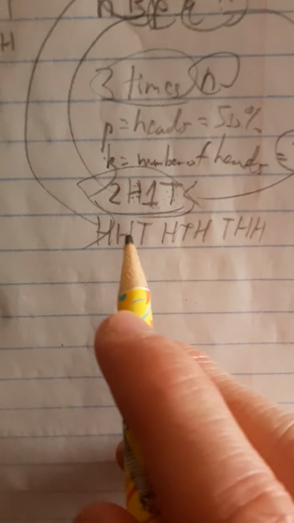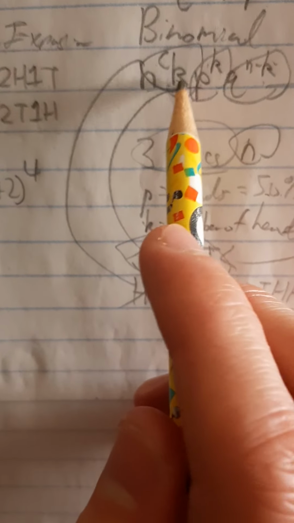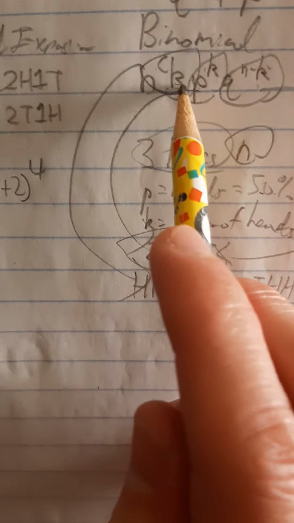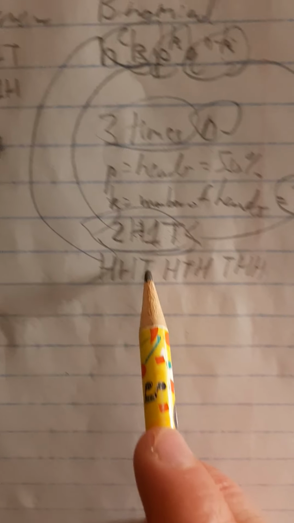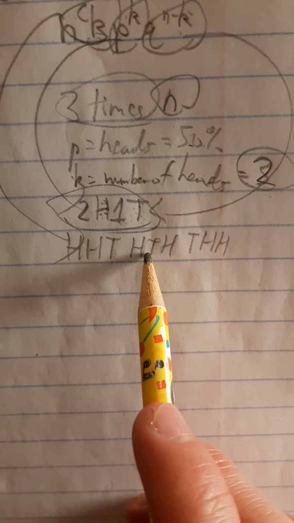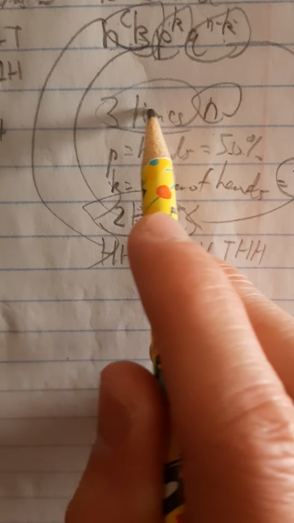So now, n choose k is just saying how many combinations there are of n given k. n is the total number of flips we do, so there's three outcomes that we get, because we're flipping 3 times.